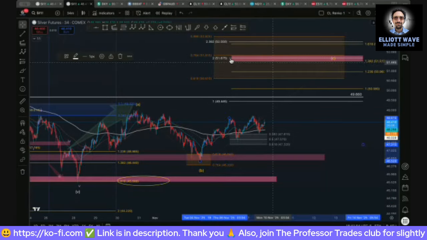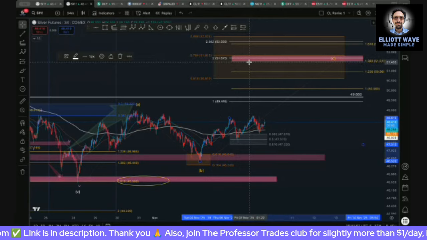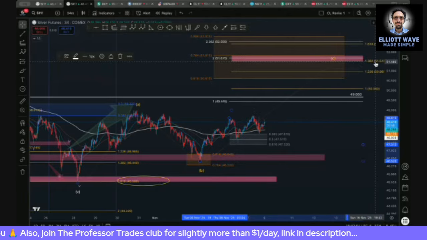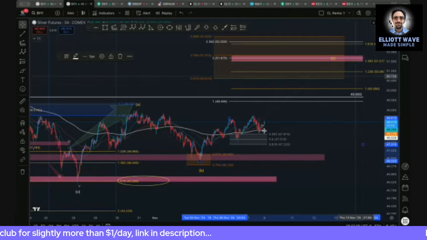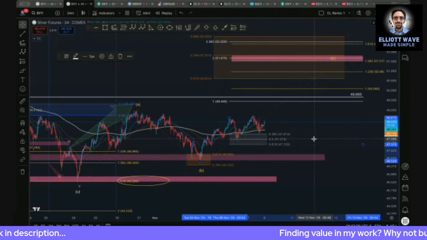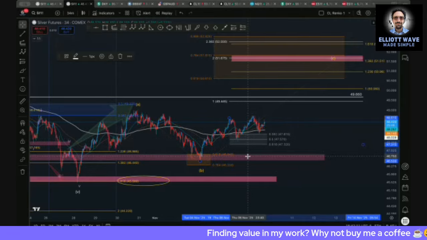The 764 is right here at 5181. The yellow 1382 is in the same region. And if the C wave is going to play out like it does a great majority of the time, if it really is a C wave, it's going to be a 5-wave impulse.